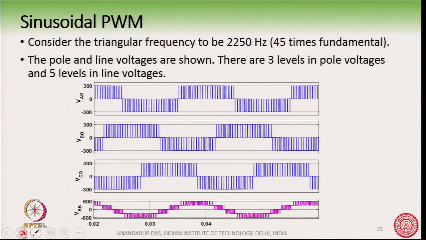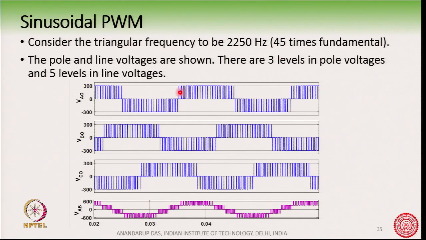Here we see the pole voltage and the line voltage waveforms based on the logic which we had just described in the last slide. There are now 2 triangles, the green and the pink triangles, both level shifted, one upper triangle and one lower triangle, both having the frequency 2250 hertz.